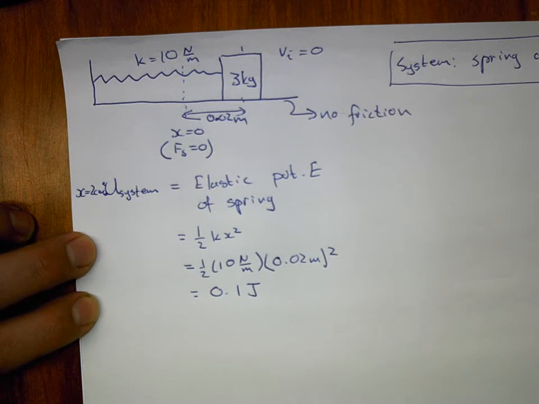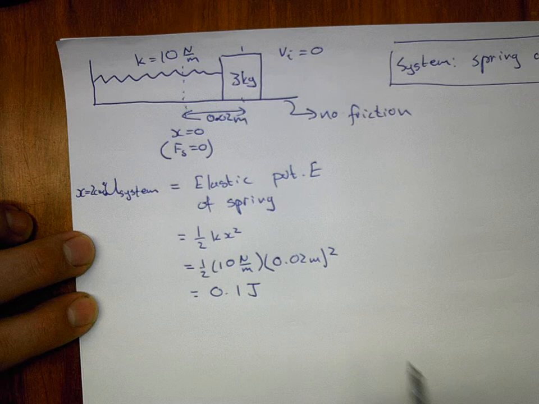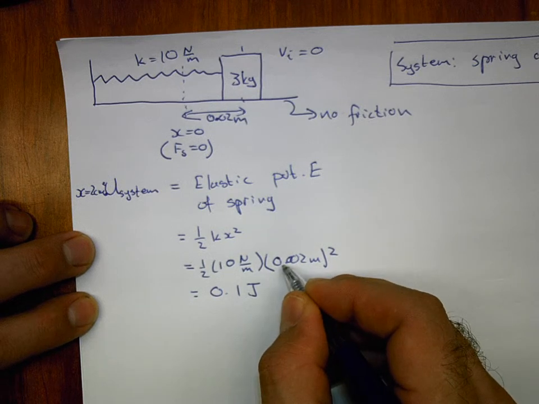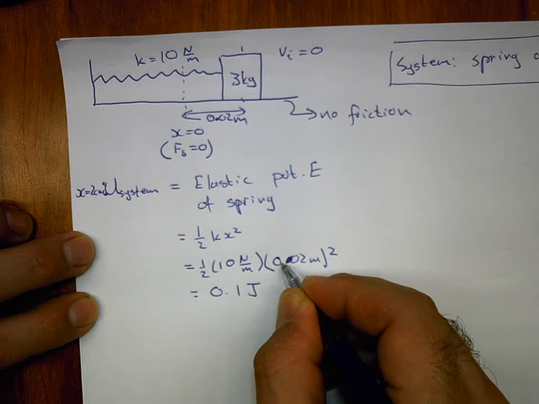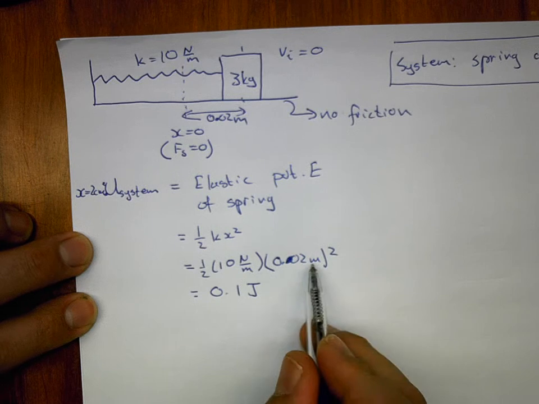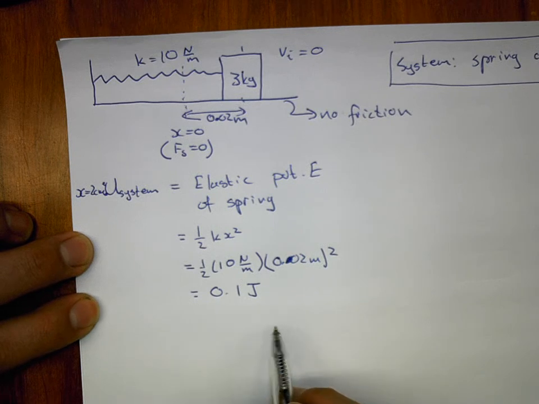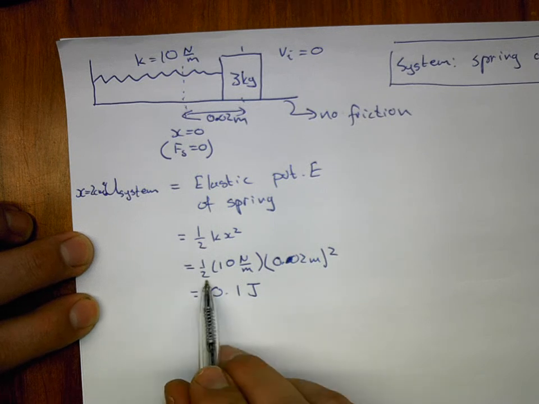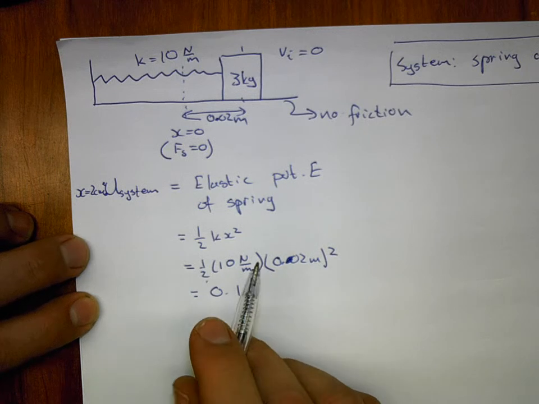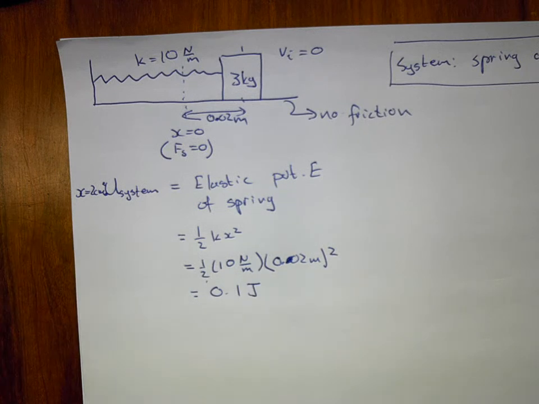What should it be? Remember to take the square of 0.02. 0.002, so drop to 0. Sorry. So you say this must be 0.002, but with the half. Okay, let me just quickly double check.